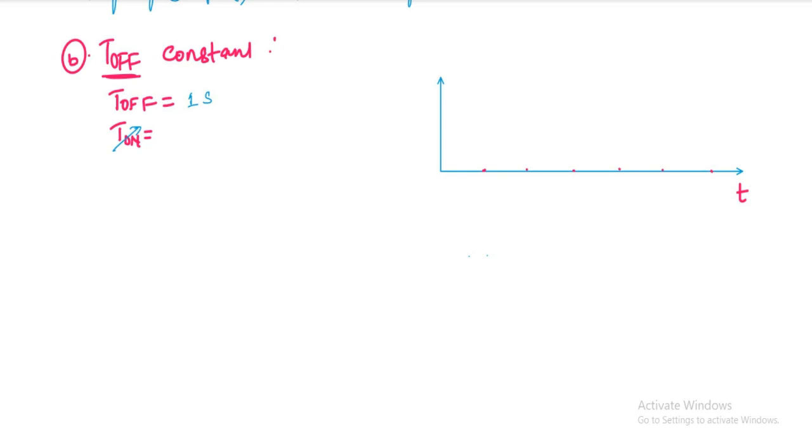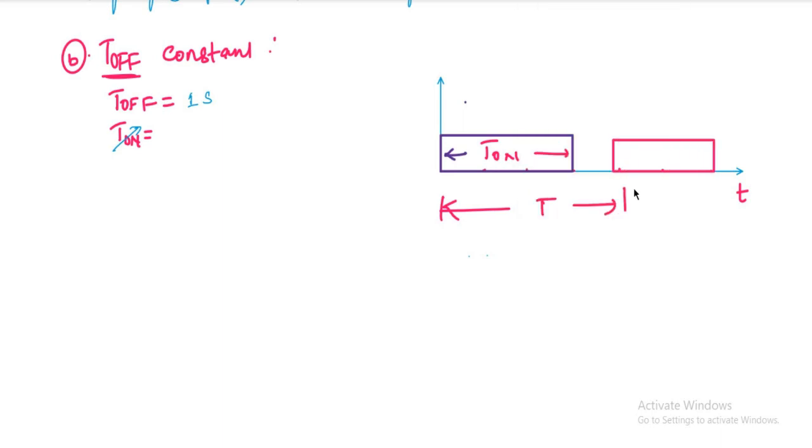Let us take the time period for 4 slots. Here turn on is 3 slots, that is 3 seconds. This is our turn on period, so the cycle will be repeated after every 4 seconds.